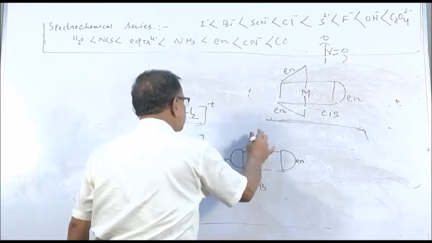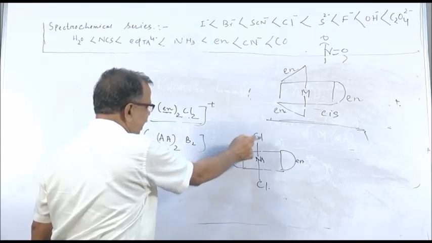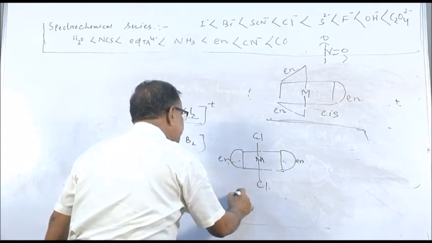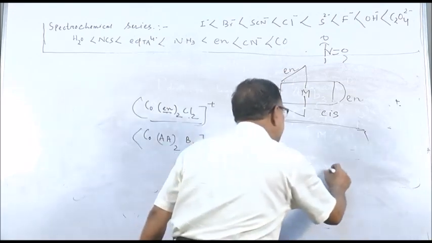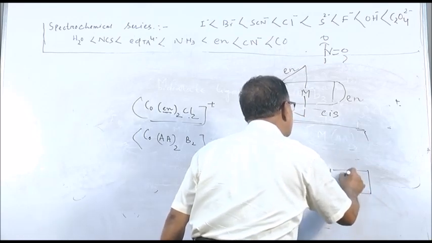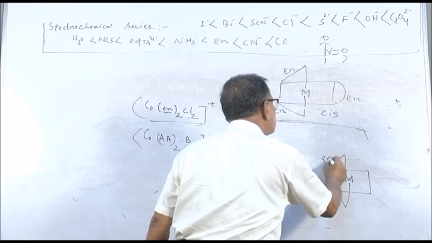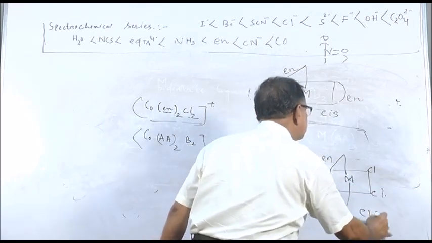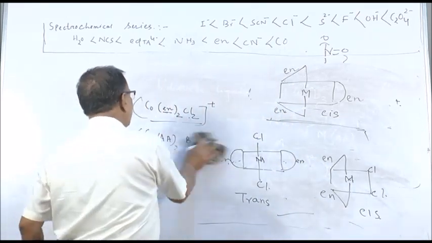Your B position is Cl. Cl and Cl, en and en in opposite directions, this is called the trans form. If this form is M, en, Cl, this is your cis form. One is trans form, another is cis form. So this is all about geometrical isomerism.